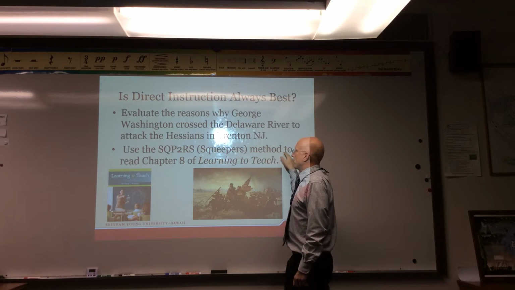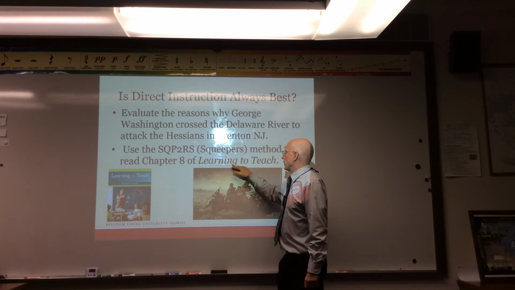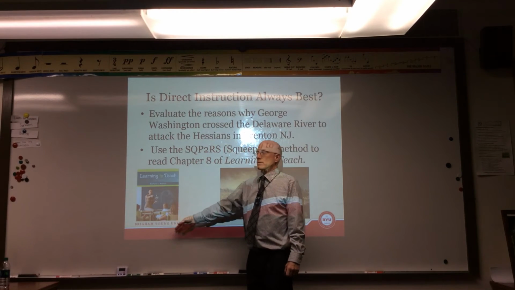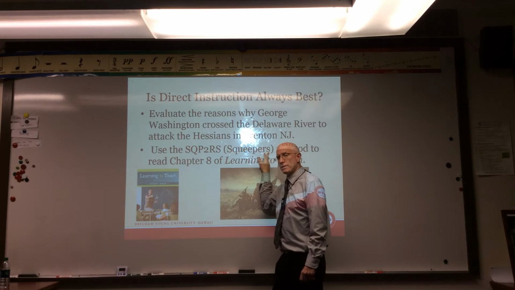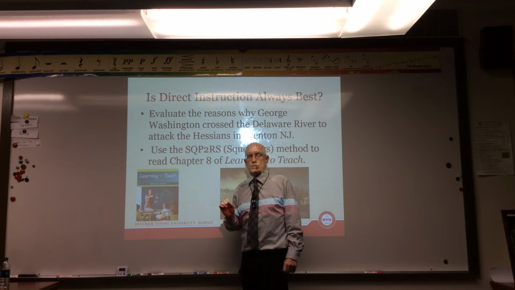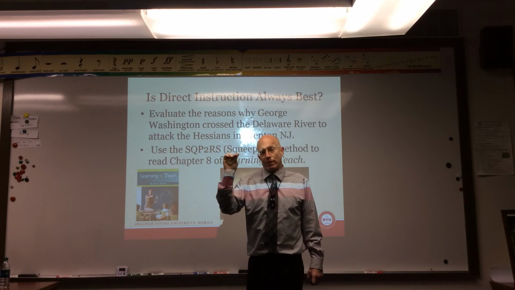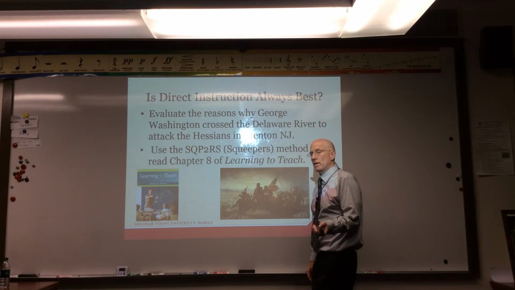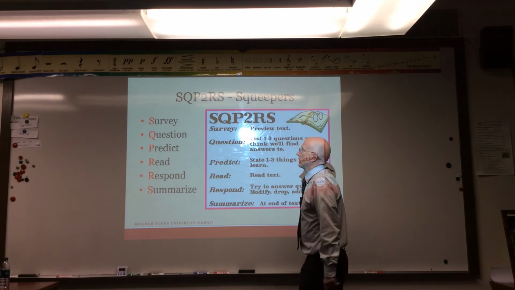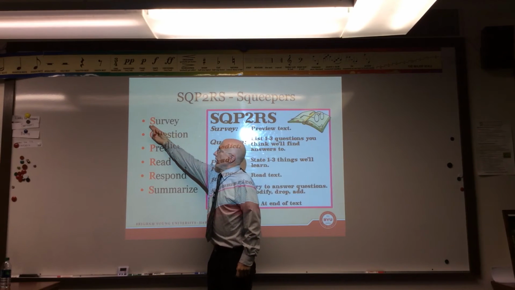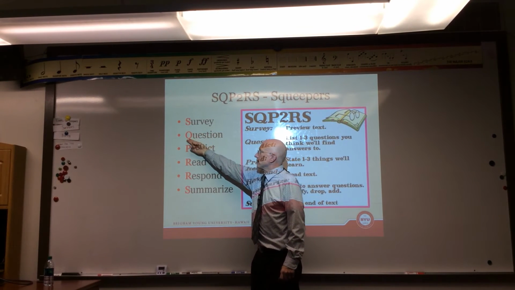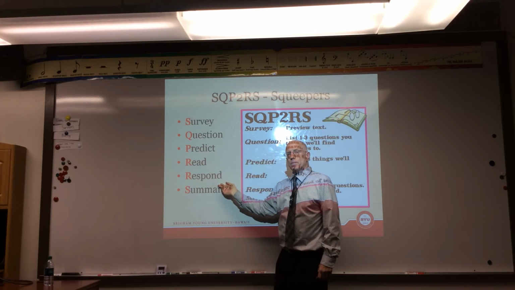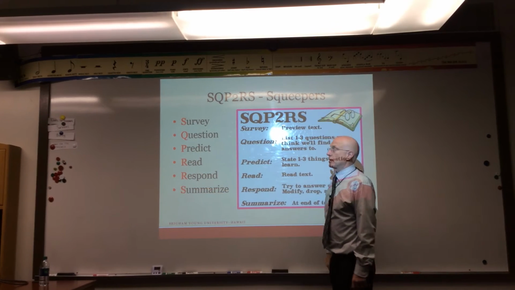As opposed to using the SQP2RS method, Squeepers, to read Chapter 8 of Learning to Teach. Yes, the SQP2RS model is a specific reading comprehension strategy with definite steps to go through. And this is what they are: S for survey, question, predict, read, respond, summarize.